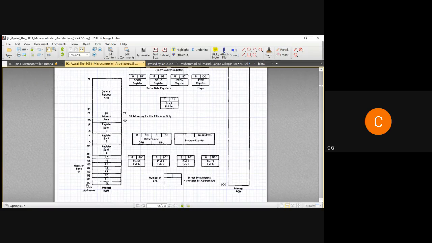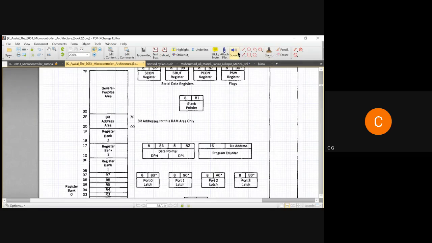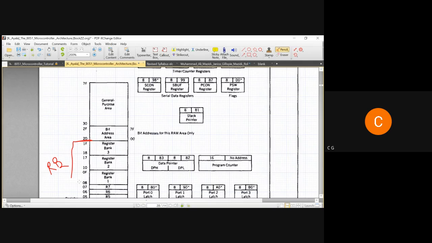From 00 to about 2F, sorry, 1F, this is the register bank, from 00 to this.